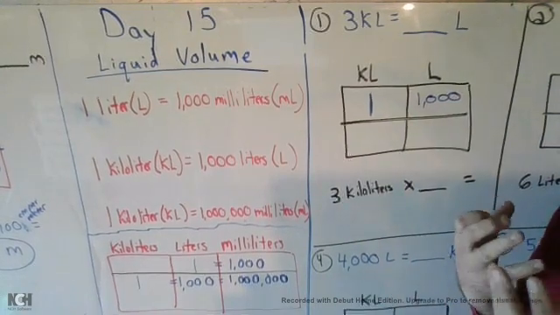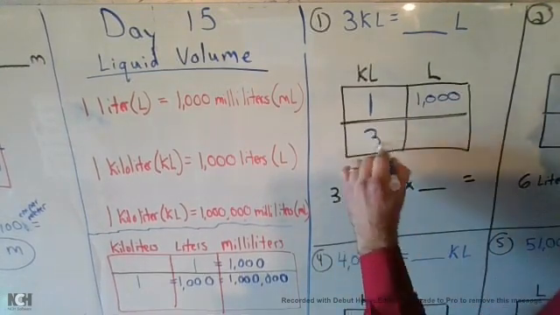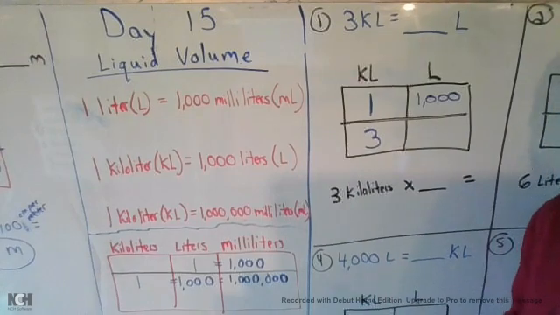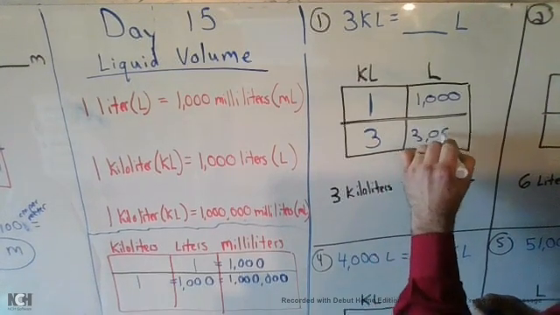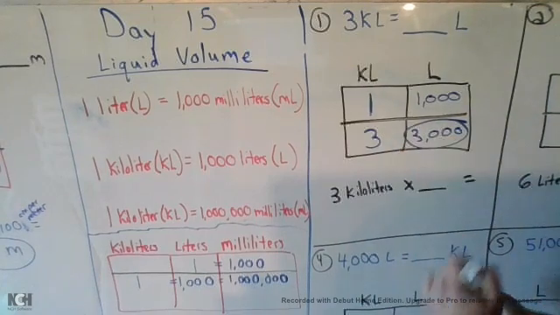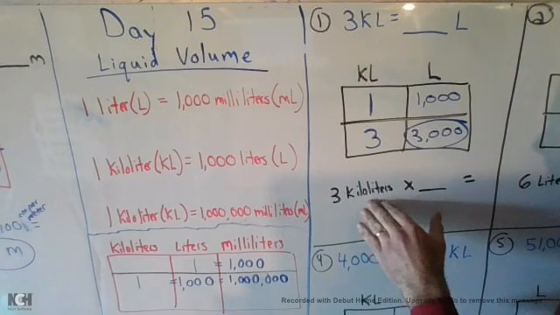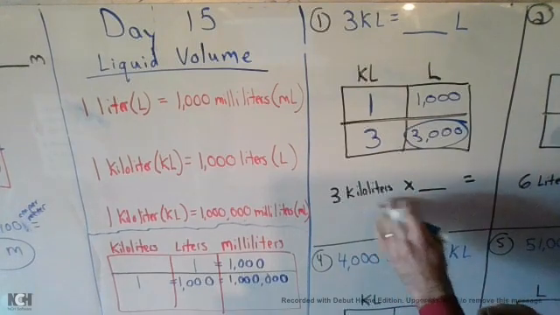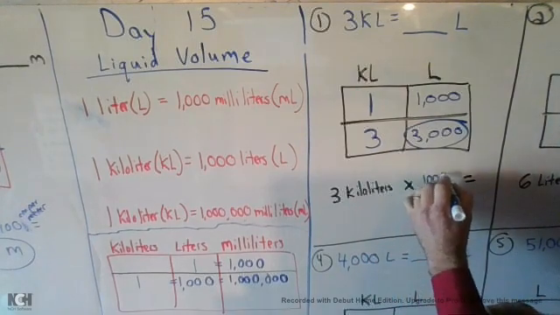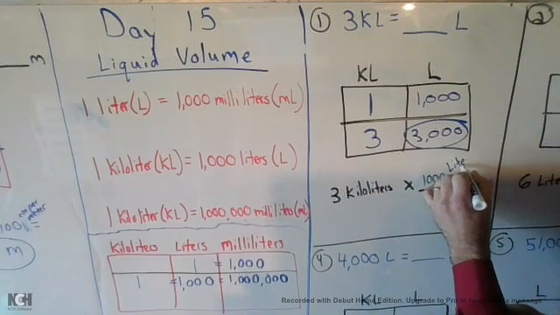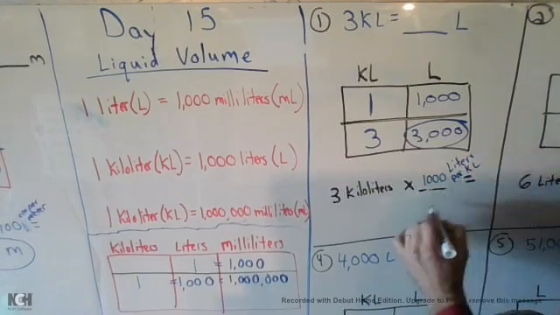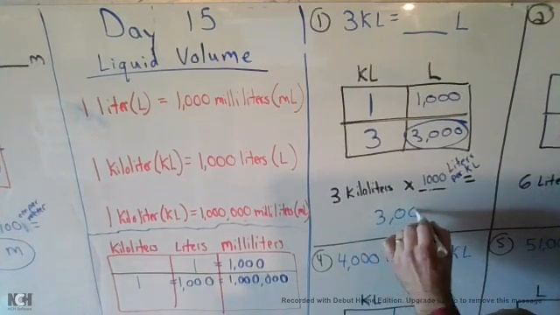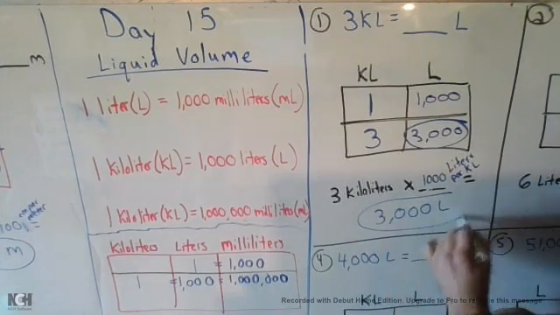So if I have 3 of them, how many liters am I going to have? 3,000 liters. Okay, so 3 kiloliters times 1,000 liters per kiloliter gives you that 3,000 liters.